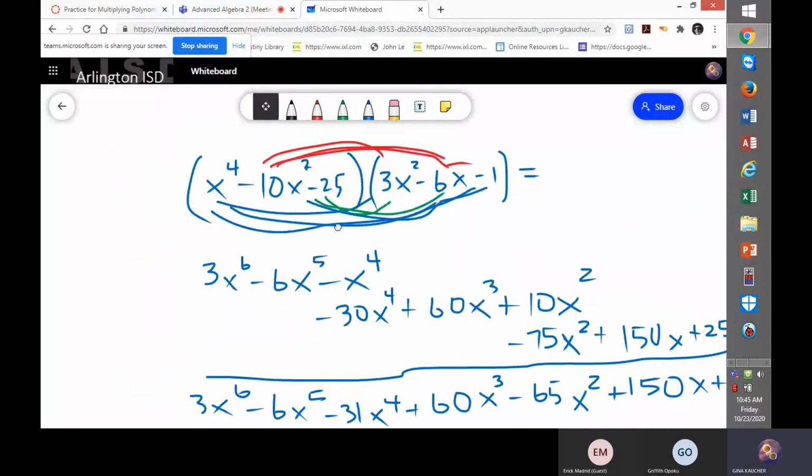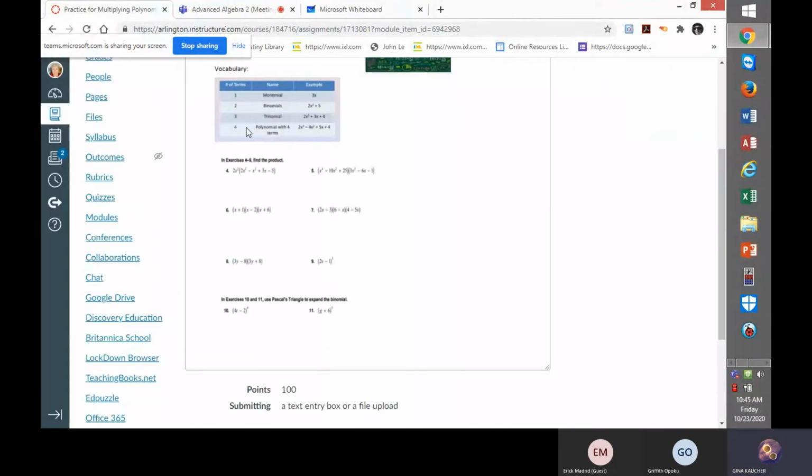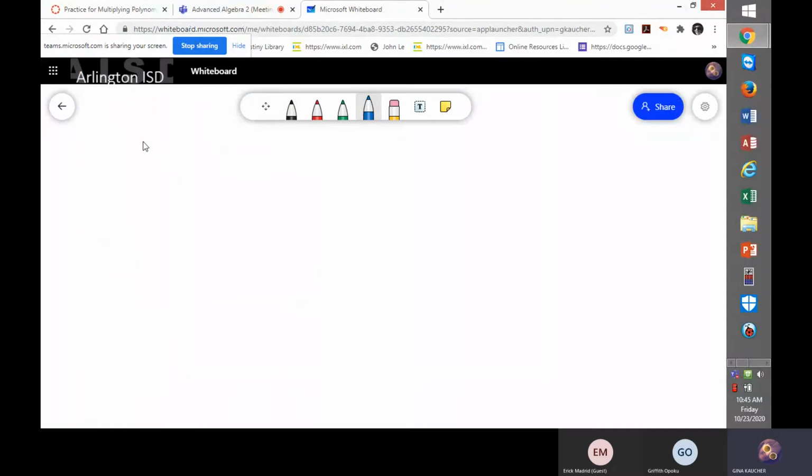Let's see what else we see on this paper. Okay, we have a cube here. We have 2y minus 1 cubed. So let's talk about that a little bit. Like I said, that means you're supposed to write it 3 times and multiply it times itself 3 times.